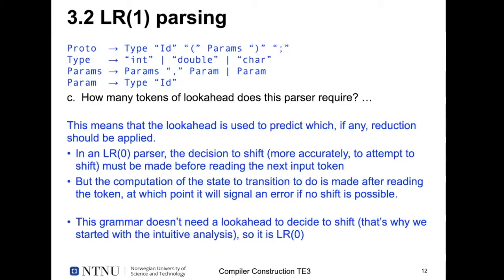And at this point, if no shift is possible, then we get an error from our parser. So you can check it. This grammar doesn't need to look ahead to decide to shift. And that's exactly why I wanted to start you in part A with the intuitive analysis. So it is actually an LR0 grammar, which is the most simple bottom-up grammar you can use. So it's actually useful for simple cases like this.